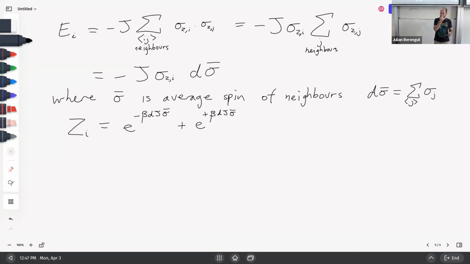Those are my two options. Sigma z here is either +1 or -1. If it's +1, I get the first term. If it's -1, I get the second term. That's it. So I can say that this thing is equal to 2 cosh beta D J sigma bar.